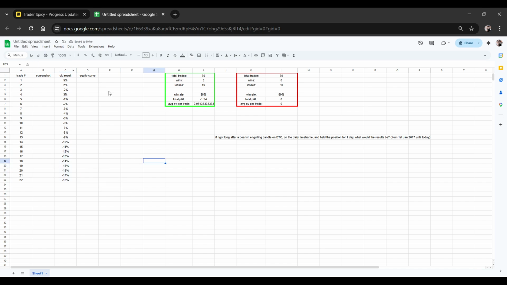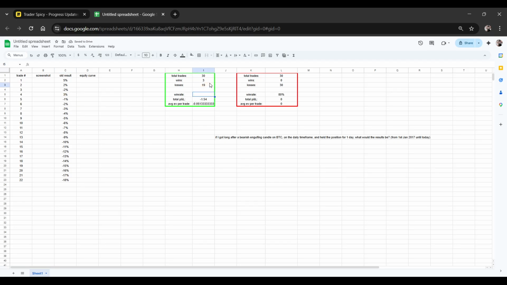And then from there, we look at how many bearish engulfing candles there were on Bitcoin from 1st January 2017. And it's like, okay, well, there were 22 of them. If I was to get blindly long and hold the position for 1 day, what would my results look like?